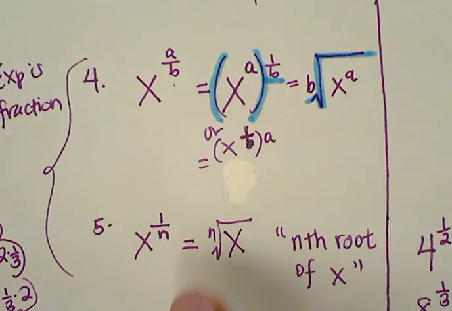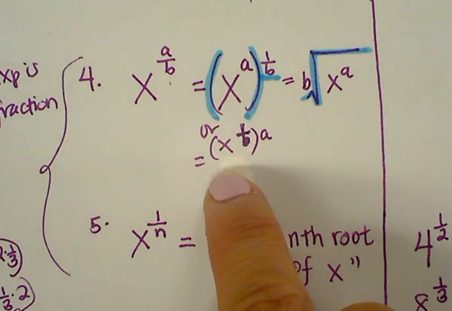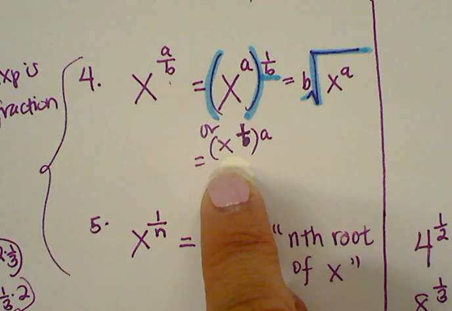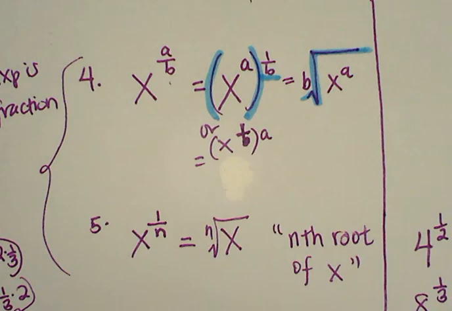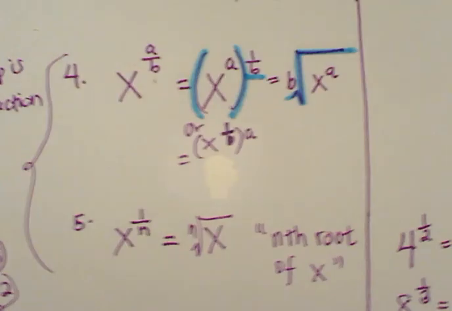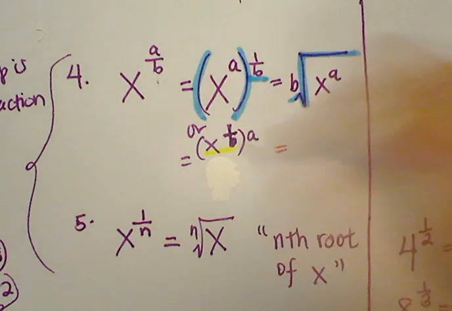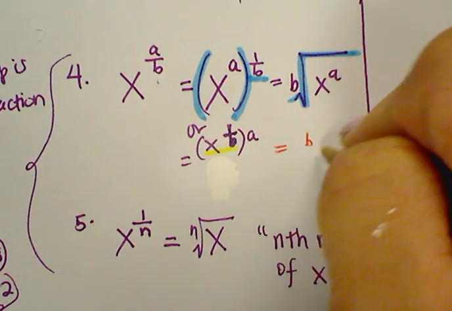What if I did it this way? This means do this one first. What's x to the 1 over b? If I do the inside first, x to the 1 over b is what? It's the bth root of x, right?